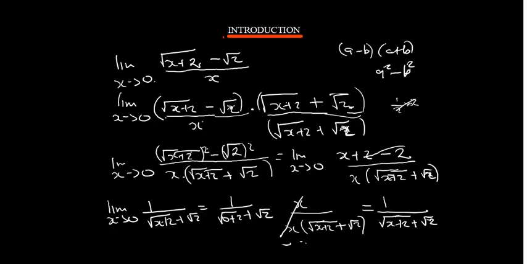That will give you 1 over root 2 plus root 2, which is 1 over 2 root 2. So your answer is 1 over 2 root 2.